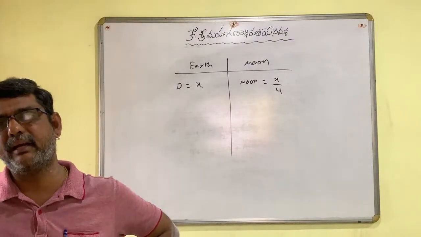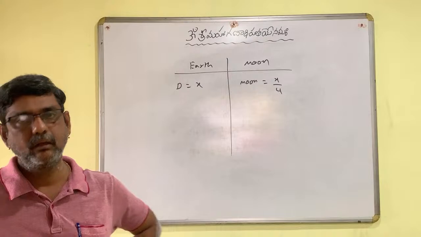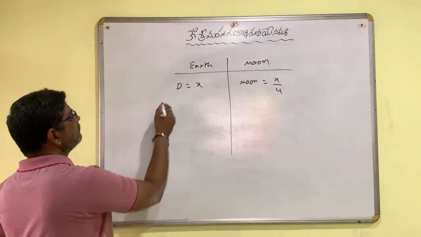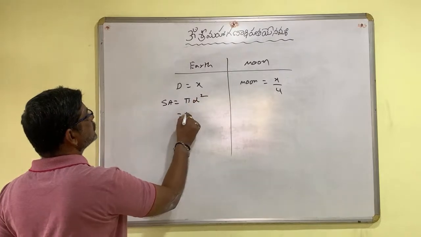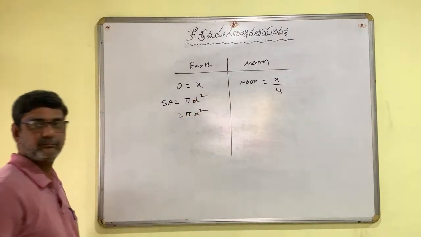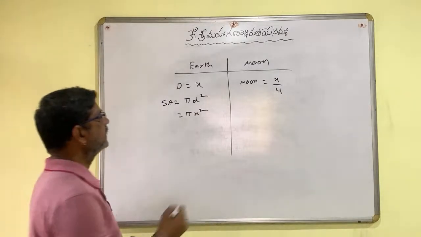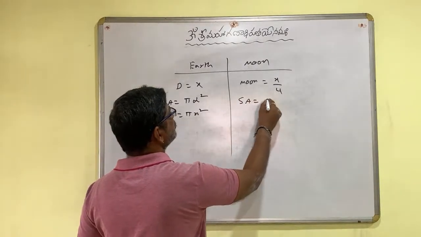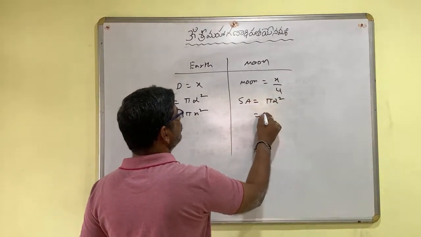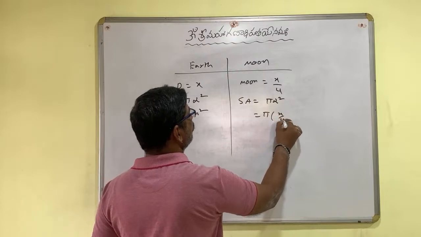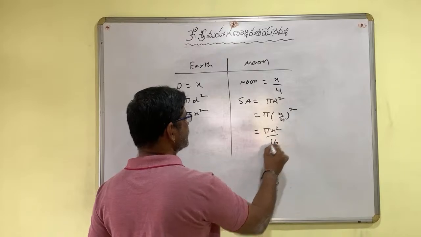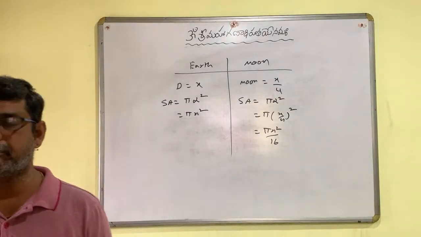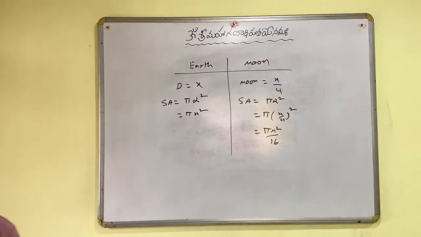So moon diameter is x by 4. Now the surface area of earth is pi d square, which is pi x square, and the surface area of moon, which is also pi d square, is pi times x by 4 whole square. I can write it as pi x square by 16.